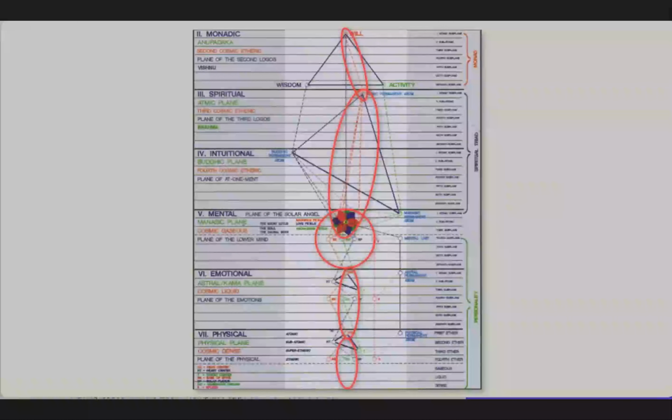And finally, back up to the etheric base of the spine. So it's all the way from the will aspect of the monad right down into the brain, and then back up to the base of the spine center.